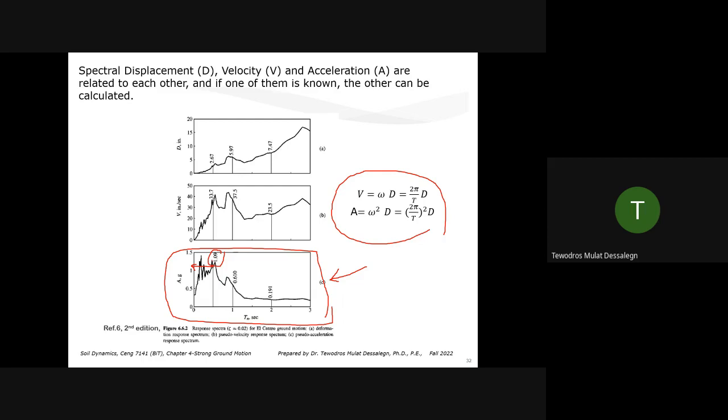You're not only going to use the peak value, and sometimes when you use the peak value, it may not be feasible. You may have failure. But conservatively, you can use the peak value amplified with a certain value, like we call it a multimode factor, like 1.5, and use this for static design. I'll show you an example of how you can use, with a hand calculation, acceleration obtained from a response spectrum.